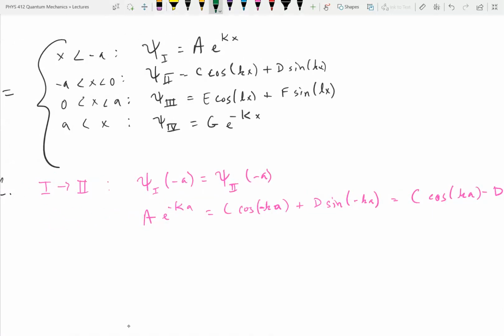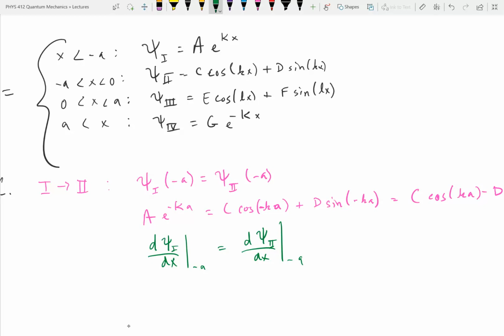You said it. Yeah, the next one was that the derivatives have to be continuous. So D1 at negative A equals D2. And notice I'm not saying the derivative of psi is a function of A, because of course that's incorrect.